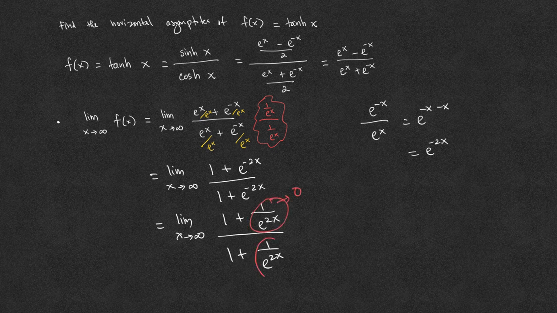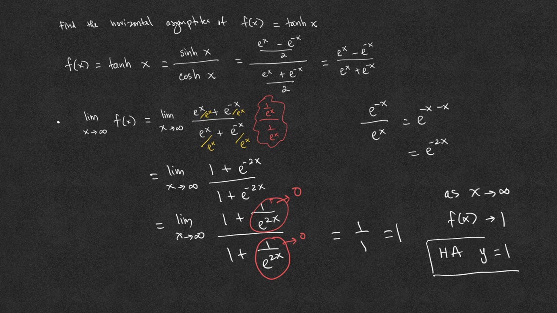Similarly, 1 over e to the 2x goes to 0 as well, and so this limit is simply 1 over 1, or 1. As x goes to infinity, the function is approaching 1. This means we have a horizontal asymptote, y equals 1.